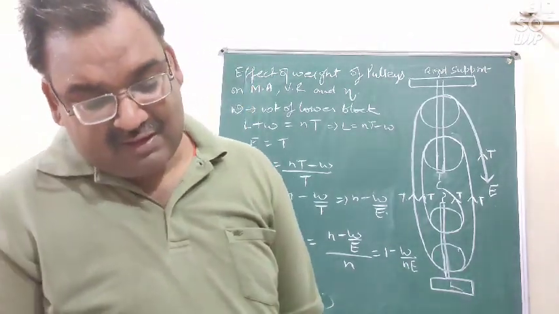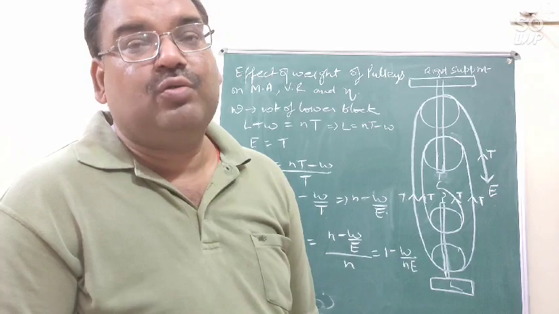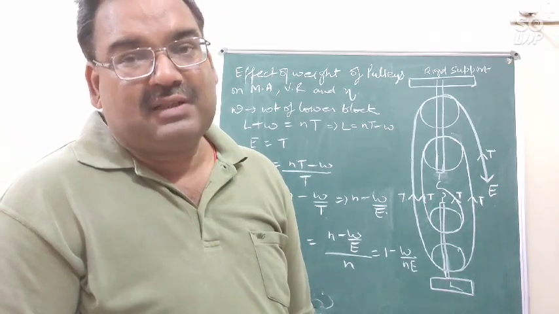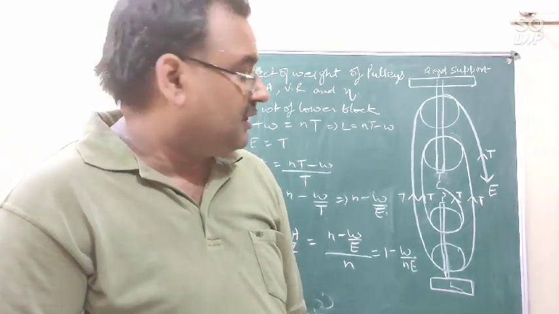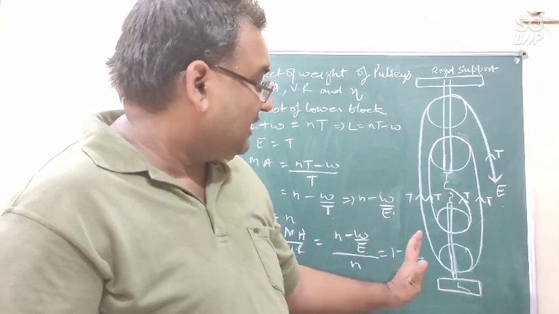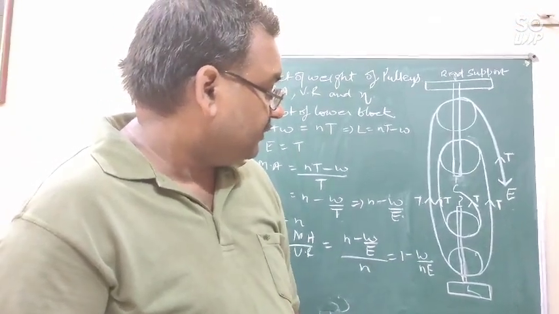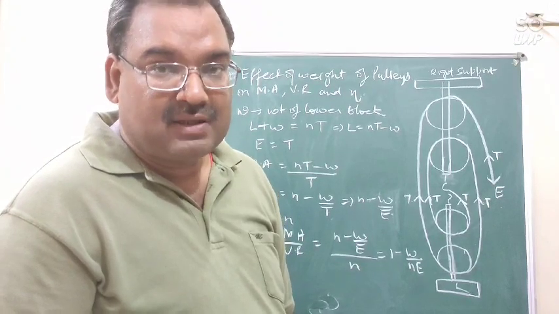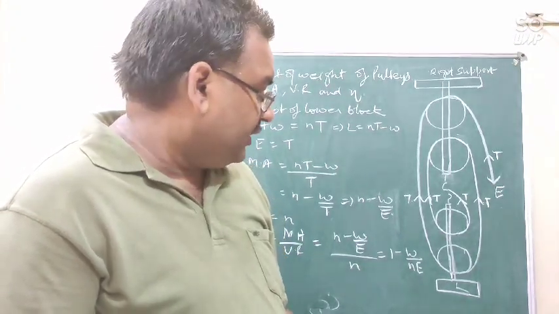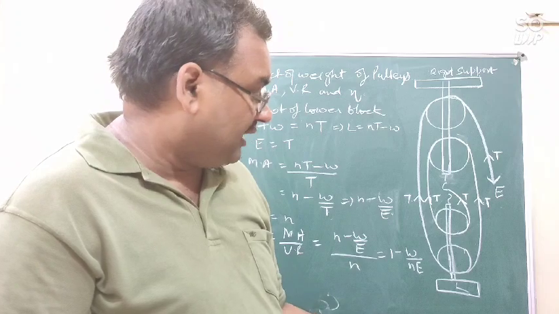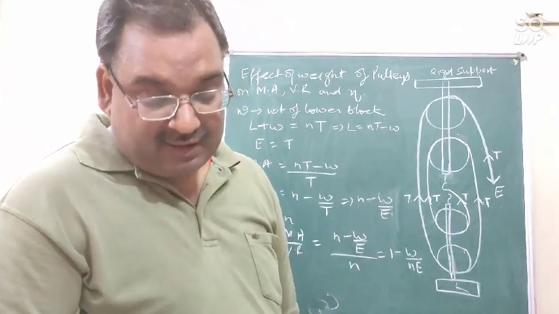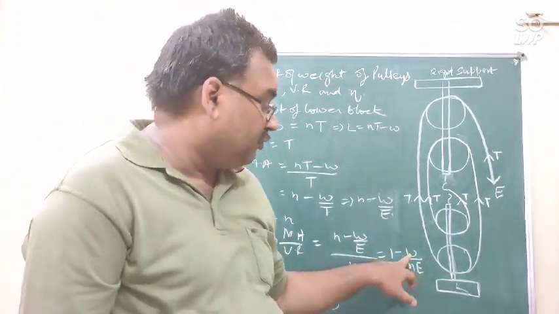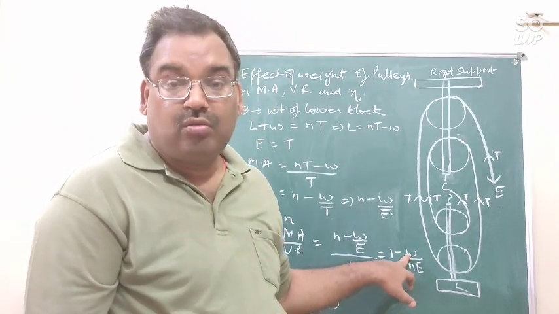Now you can see in this formula, again it is not equivalent to 1. 1 means 100% efficiency. Here the efficiency is less than 100%, and it will be equivalent to 1 only in the condition when we take W very small.